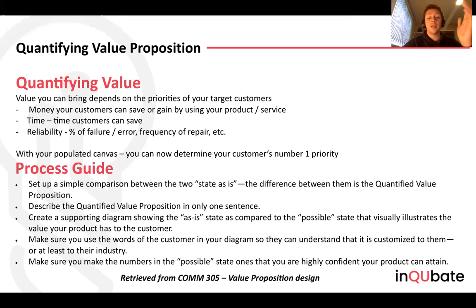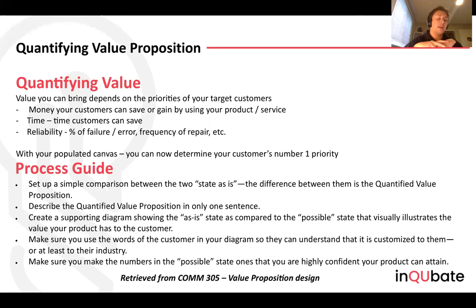You want to create a supporting diagram showing the as-is state compared to the possible state that your value map provides. And make sure you use the words of the customer in your diagram so they can understand that it's customized to them, or at least to the industry. And make sure the numbers in the possible state are ones that you're highly confident your product can attain.